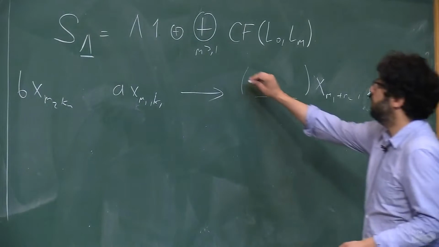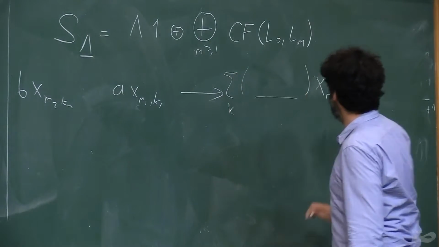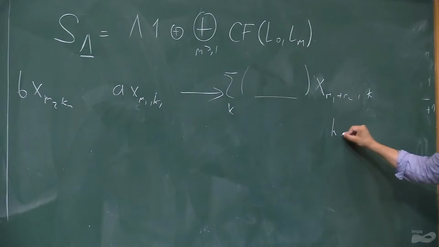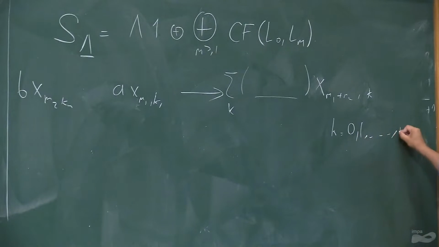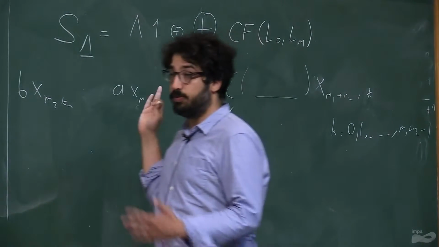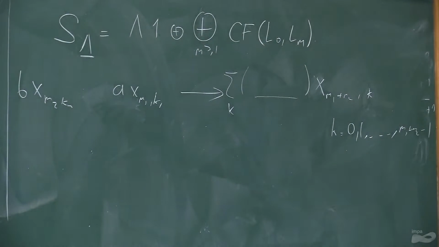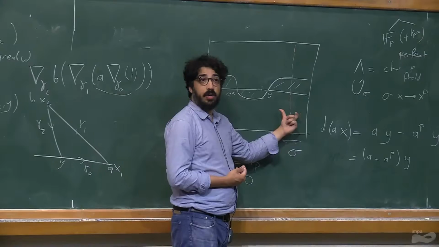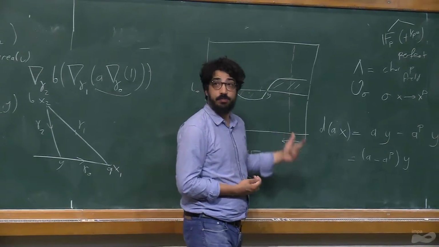So sorry, sum over k, where this k is 0, 1, up to m1 plus m2 minus 1. And then there are these coefficients which we should compute, right? So all the triangles are as before, so we know those triangles, except that every time I count those triangles, I have to see how their boundary interacts with this danger zone.